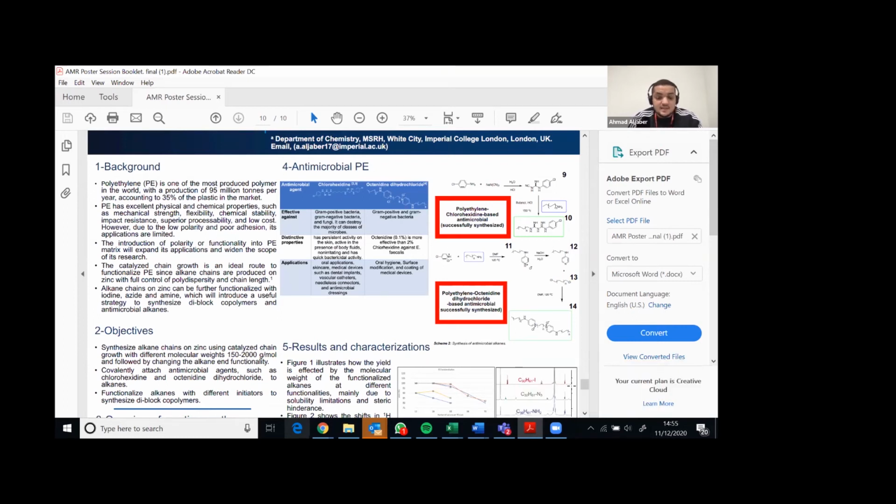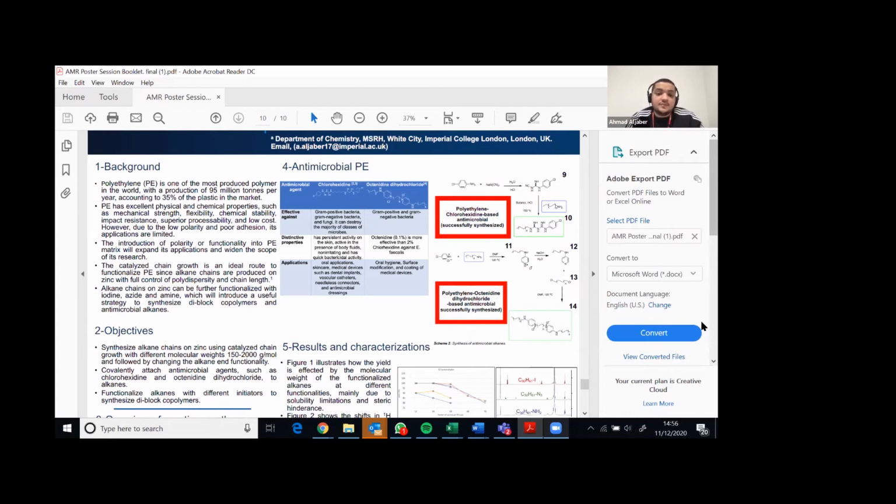Since we synthesize the alkanes with different functionality, we're able to change the functionality and synthesize two antimicrobials onto these alkanes. We chose chlorhexidine and octenidine dihydrochloride.